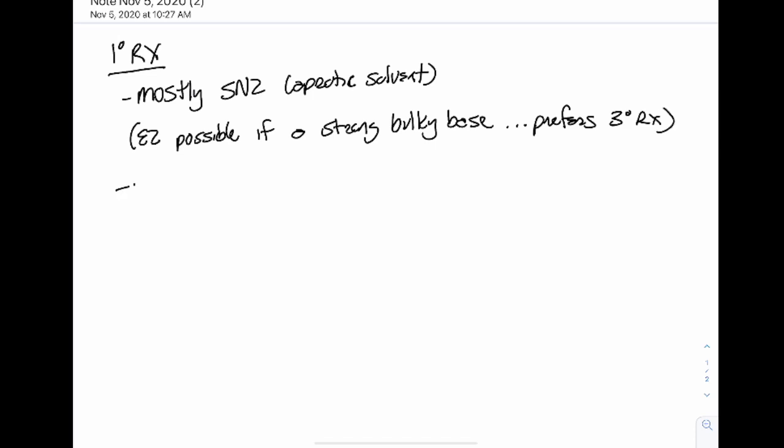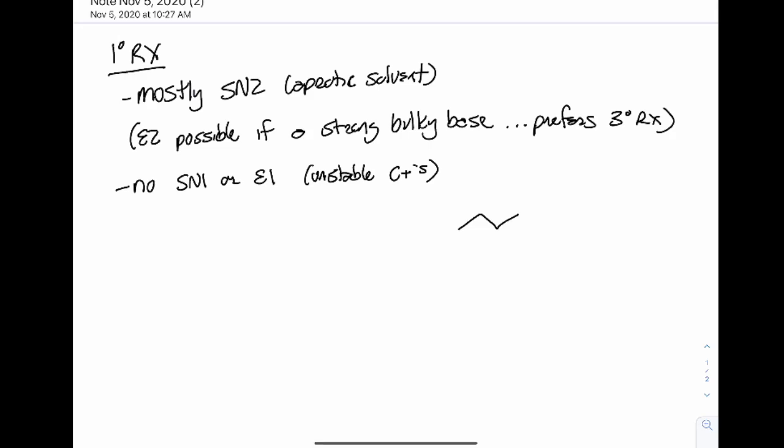We're not going to see any SN1 or E1. Remember, those go through a carbocation intermediate. Primary carbocation intermediates are unstable. Do be careful for things that are allylic.